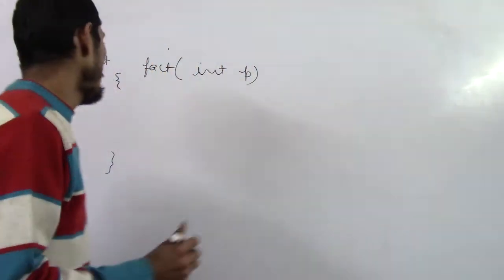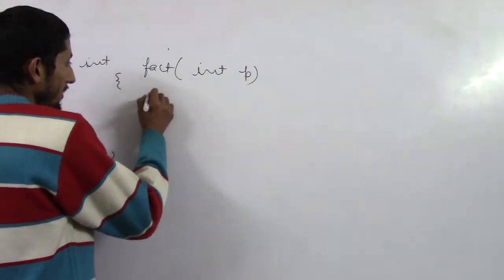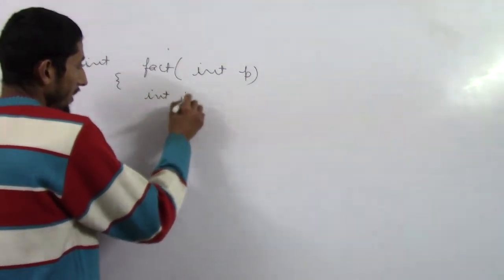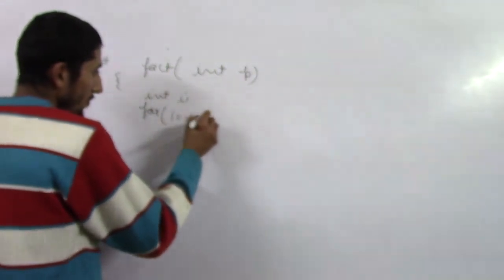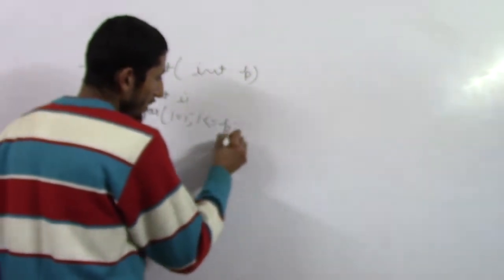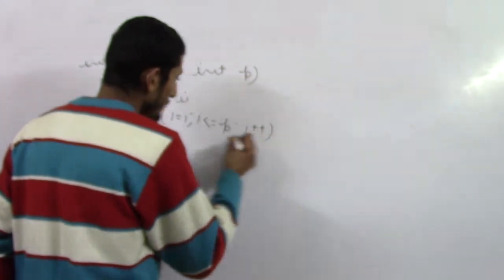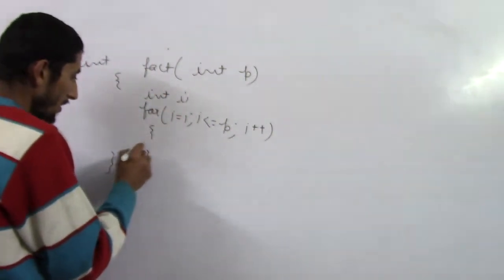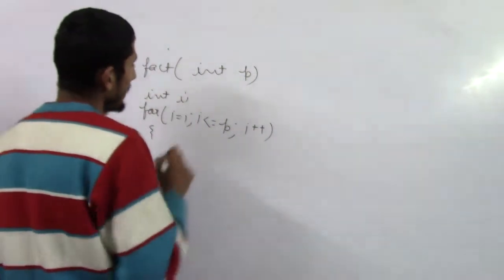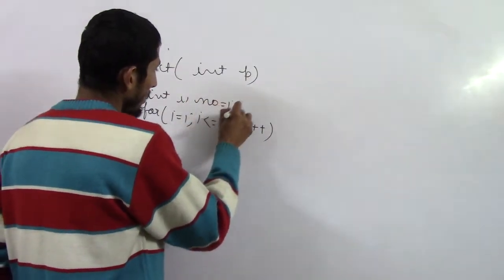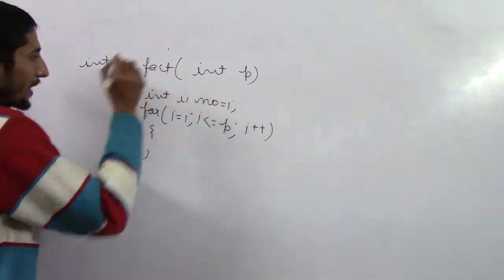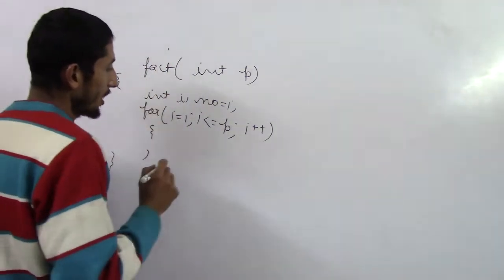Let me calculate the factorial of this number. Let's say I have taken an integer i, and I have applied the loop from i equal to 1 to p, with i plus plus. I am not going to repeat our logic again, so I am assuming that you know the logic of prime number and factorial also.